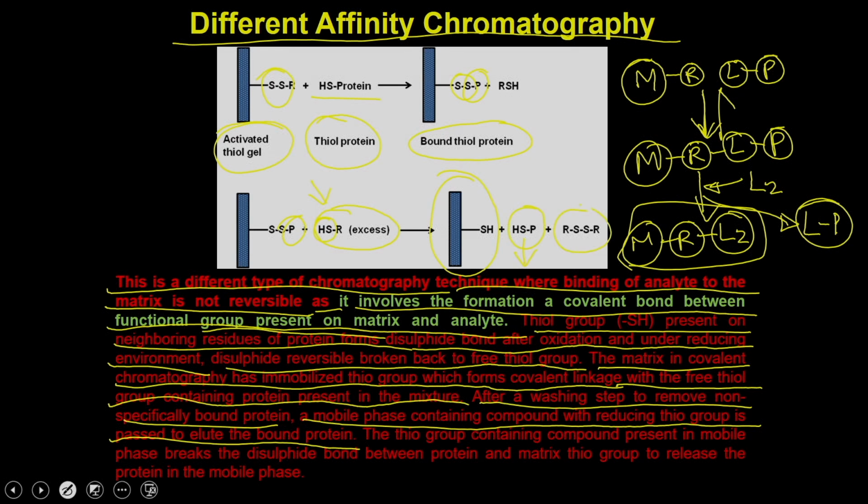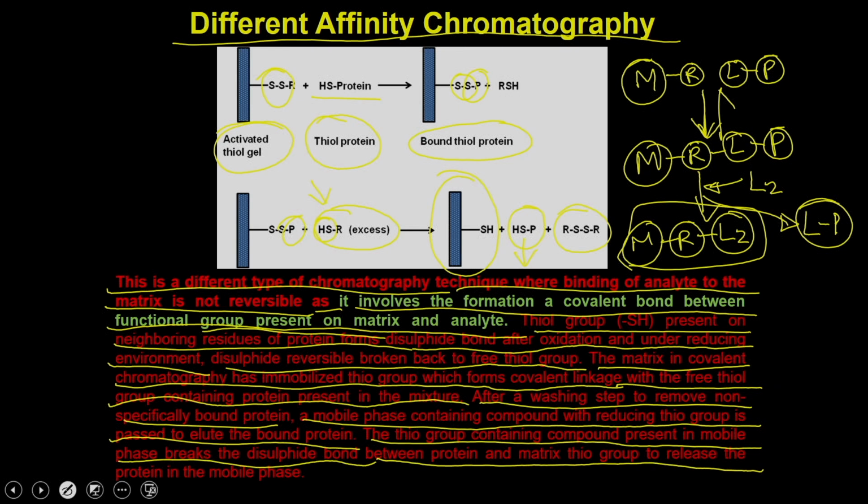The thiol group containing compound present in the mobile phase breaks the disulfide bond between the protein and the matrix thiol group to release the protein into the mobile phase, and that is how you can elute.